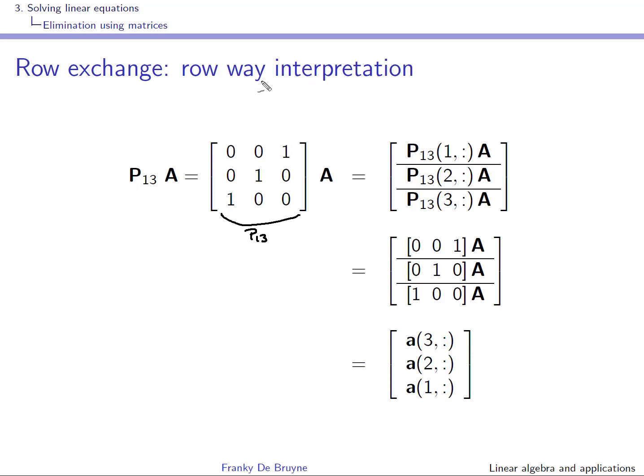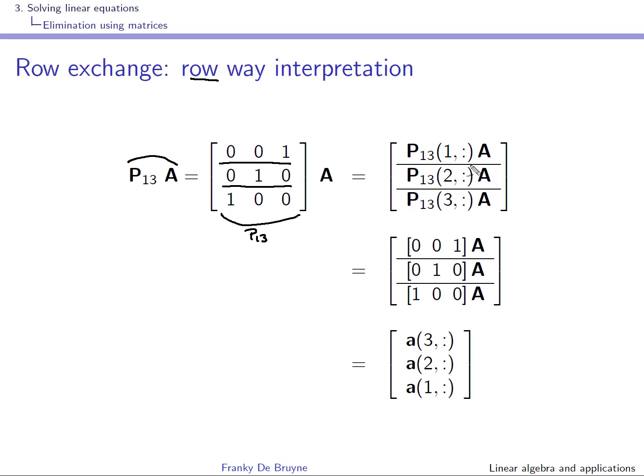Well, again, you can look at the row interpretation of this product of matrices, and in the row interpretation, well, you have to see P13 and subdivide in rows, right? And the product will be such that it's a matrix where the first row is a linear combination of the rows of A obtained from the first row of the permutation matrix.